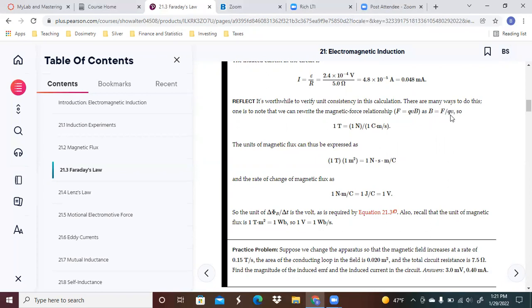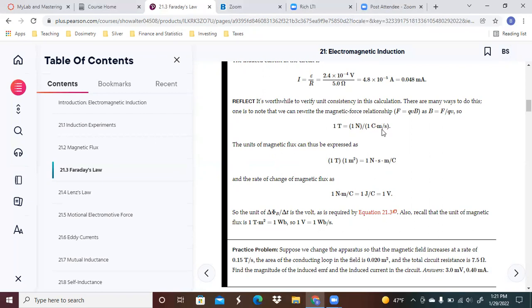If you solve that for B, then you figure out 1 Tesla is equal to 1 Newton divided by Q times V, which is 1 Coulomb times meters per second. Therefore, you can take the units of magnetic flux, which is B times A. This is where the area comes in.